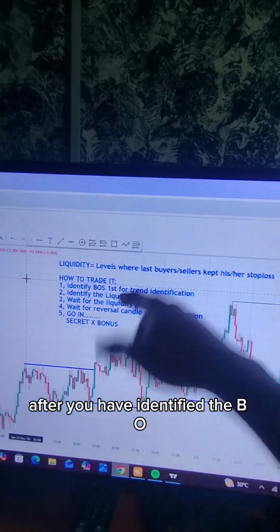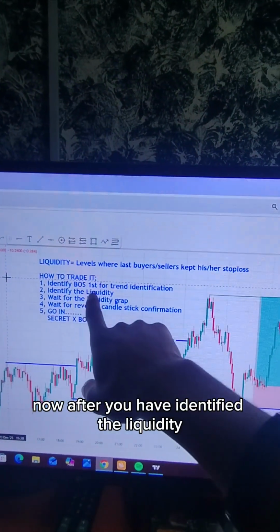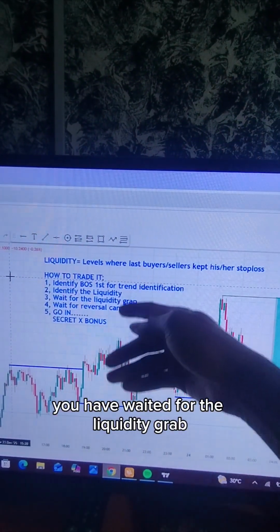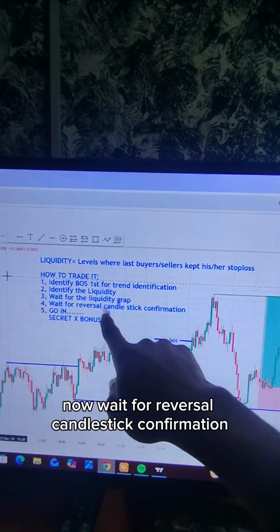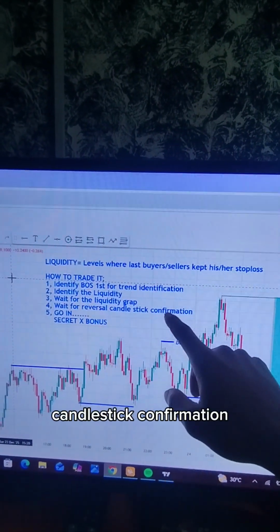After you have identified the liquidity, you wait for the liquidity grab. Then wait for reversal candlestick confirmation. After you have gotten your candlestick confirmation, that is when you are supposed to trade.